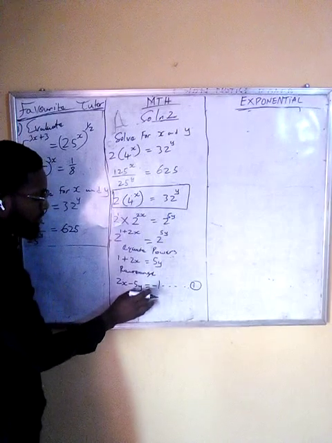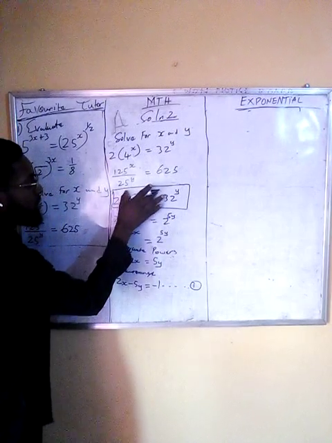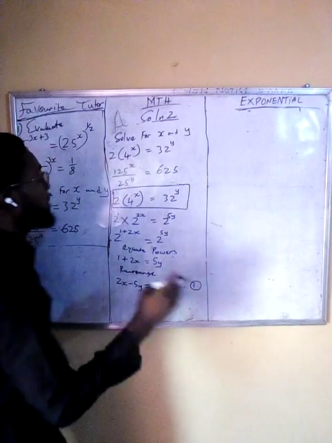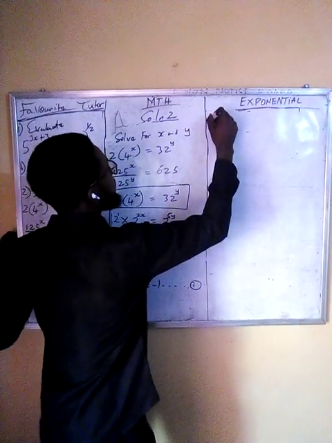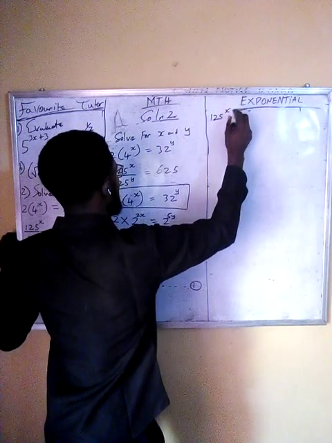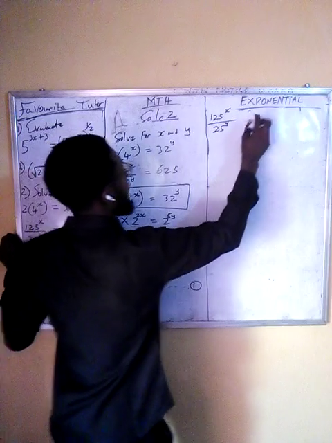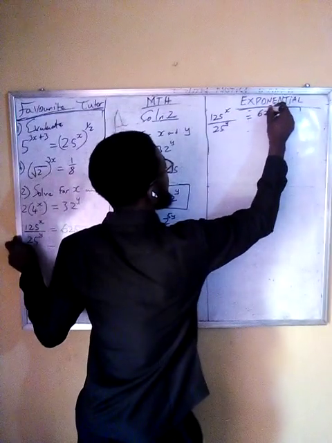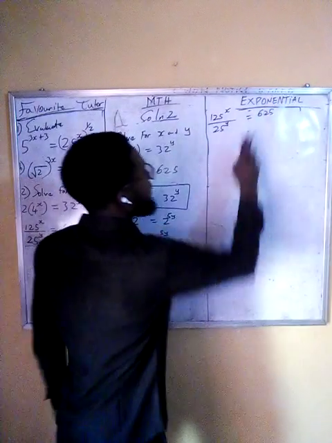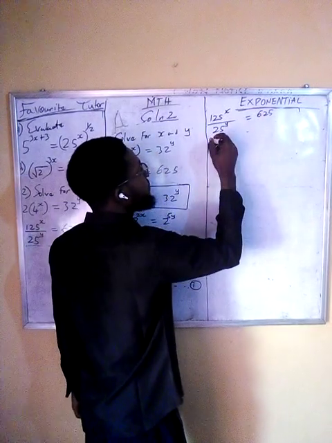Equation 1 is the simplification of the first equation. Now look at the other equation: 125 raised to the power of x all over 25 raised to the power of y equals 625. Let us expand it a little.